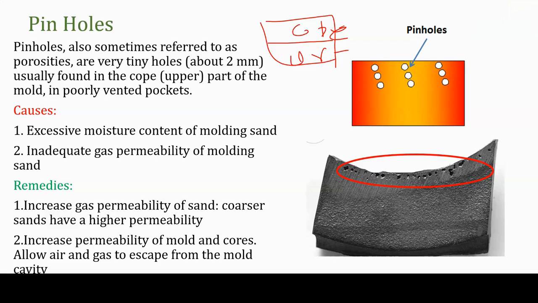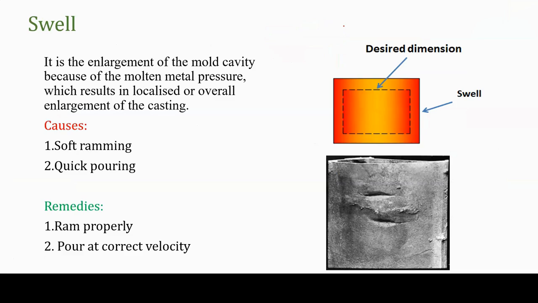This is caused by excessive moisture content in the mold sand and inadequate gas permeability of the mold. Usually all kinds of holes or porosities happen due to excess moisture in the sand and inadequate gas permeability of the mold. Whenever we increase the permeability of the mold, we can avoid pinholes, and also use a proper moisture content in the mold sand.